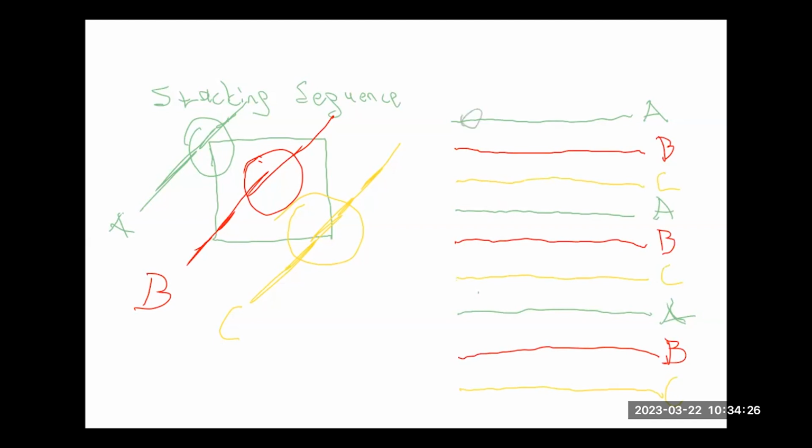The starting point is different. So for example, A starts from here, B starts from here. B, B, B atoms.